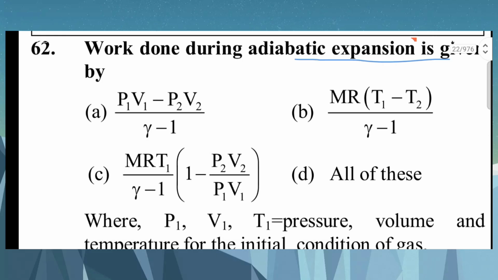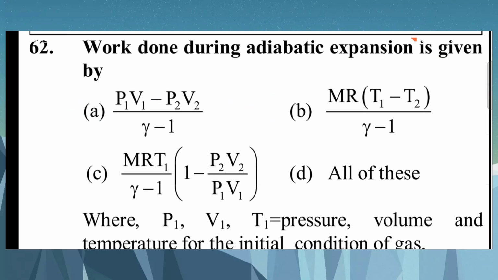P1 V1 minus P2 V2 by gamma minus 1. ऑप्शन ए. ऑप्शन बी में क्या है, mR T1 minus T2 by gamma minus 1. यस, P1 V1 को लिख सकते हैं हम लोग mR T1, इसको लिख सकते हैं mR T2. सो mR कॉमन आ जाएगा और mR T1 minus T2 is the right. नेक्स्ट में देखते हैं, mR T1 by gamma minus 1, P1 by V2. यस भाग कर दिया, P2 V2 P1 V1 से डिवाइड कर दिया ऊपर नीचे तो आ जाएगा इसमें. सो ऑप्शन डी, all of this correct.